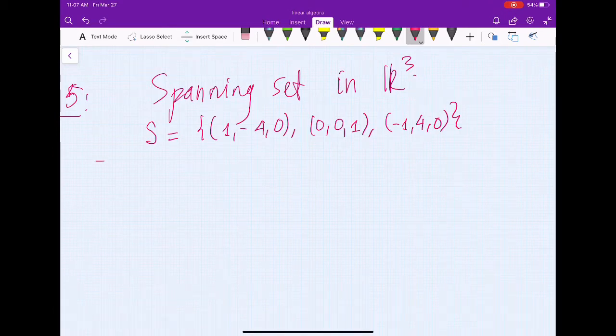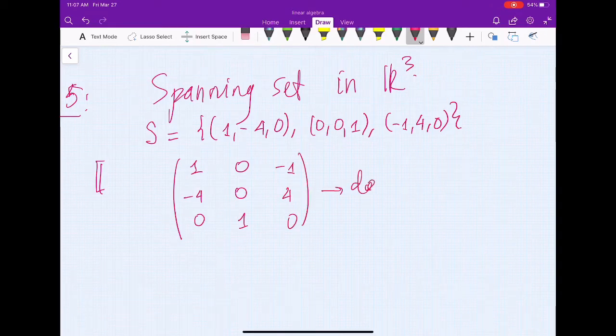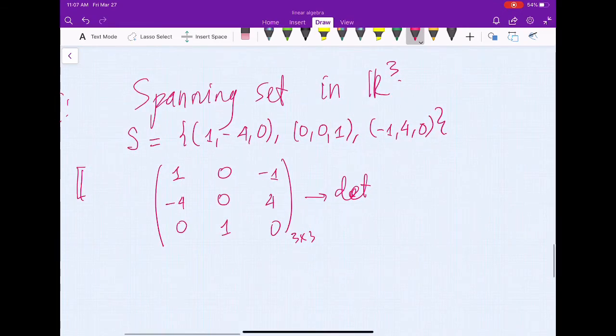You write these vectors in the column form or in row form. Yes, in this situation, row form also works. And you check the determinant, right? Because you have a 3 by 3 matrix. Each time when you have a square matrix, that situation is not difficult because most of the time you can check using determinant.